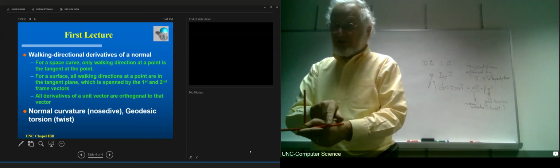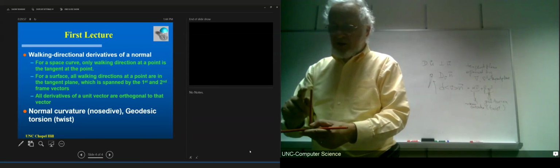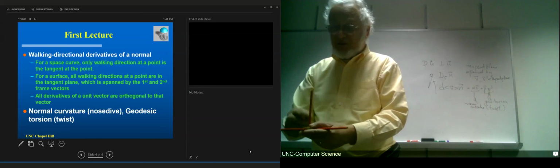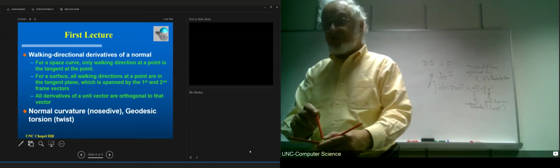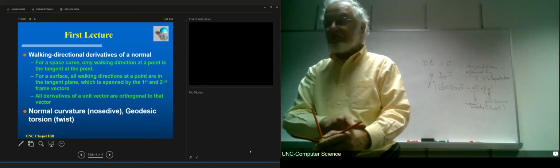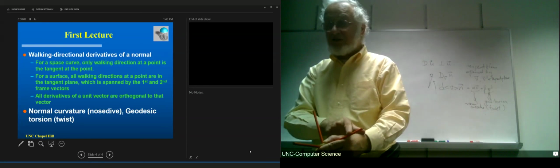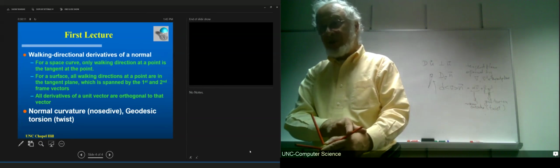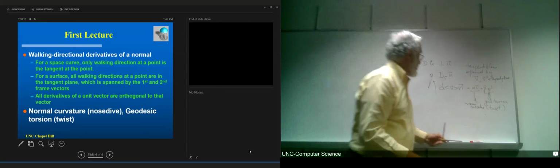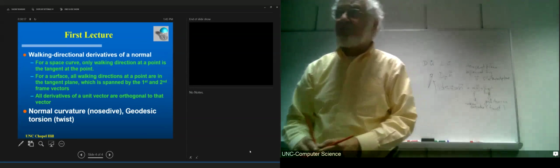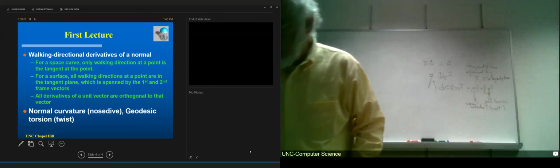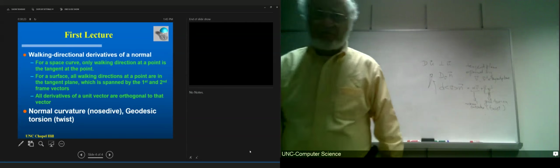Put another way, the normal cross product this has to be the second direction. That's fixed. If the normal happens to fall this way, then it will have a negative component in this direction, right? So in other words, it has to do with the sign of the component. Okay.